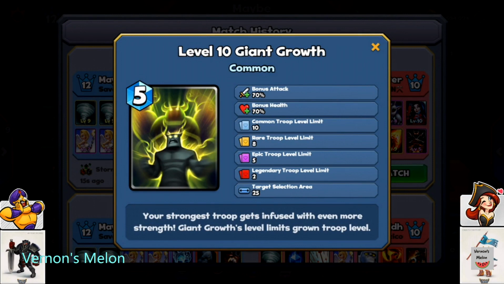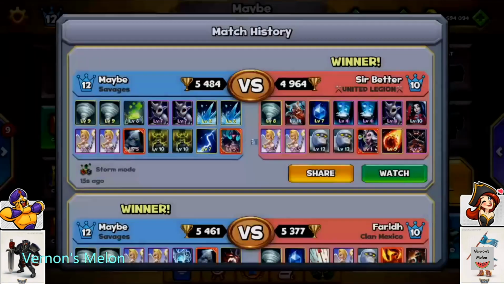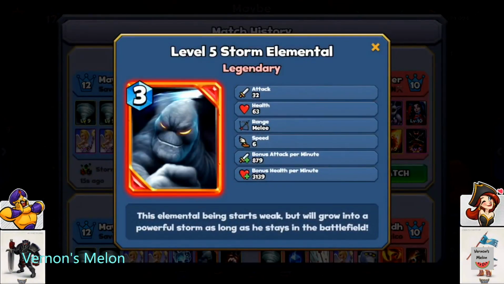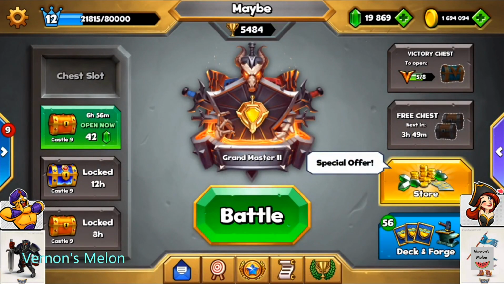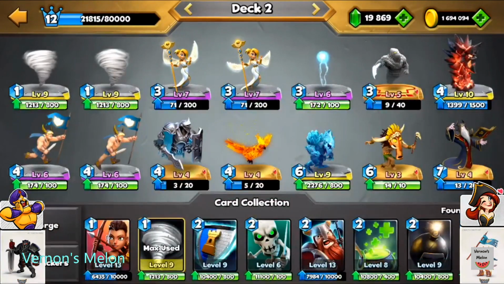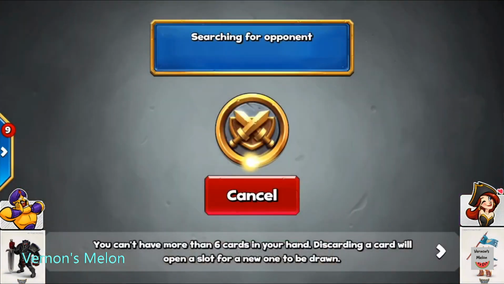At the end of the day, if you do the math, it's the same, except for the storm elemental, because storm is a special card that has its own storm bonus. I'm losing my words, but let me just see if I can play a game with storm.